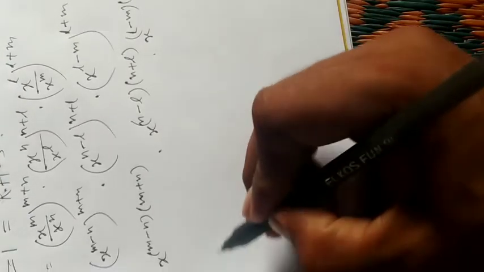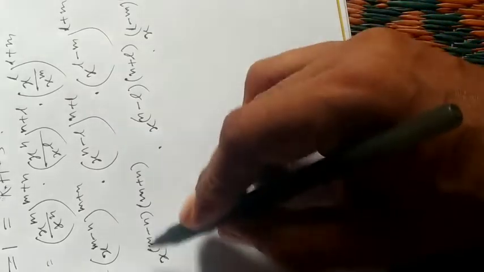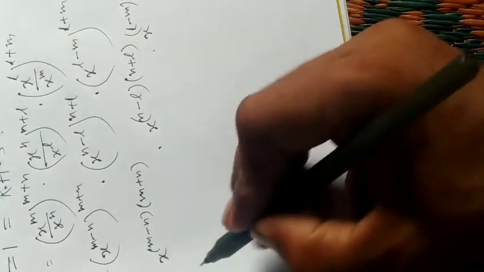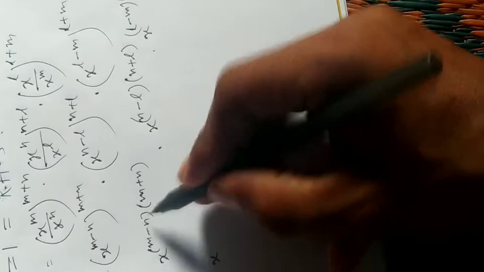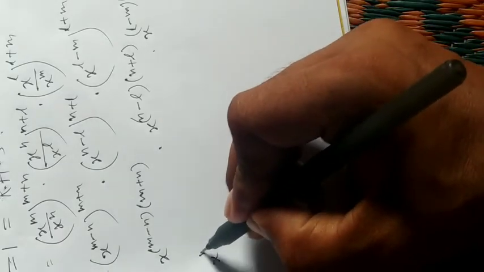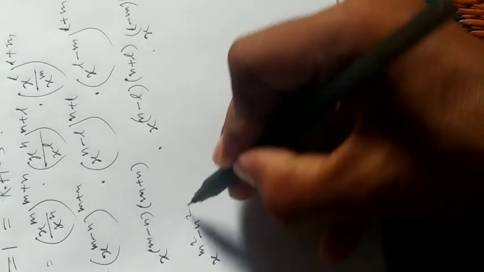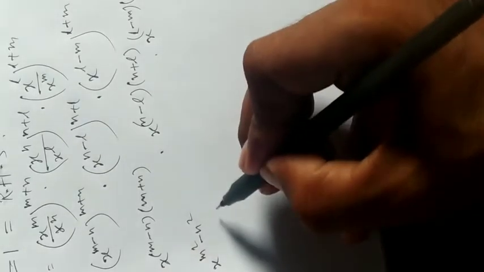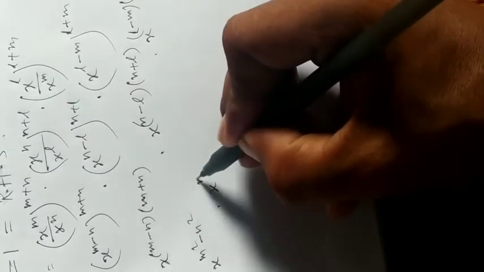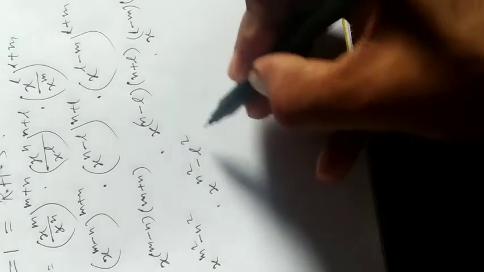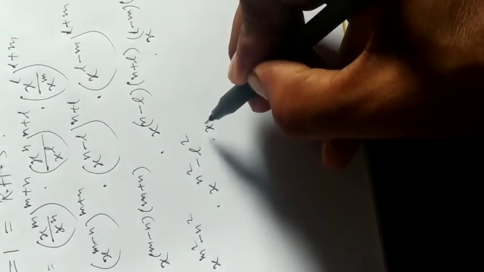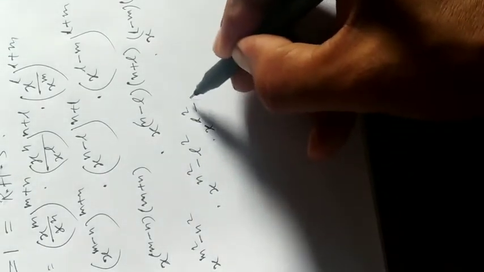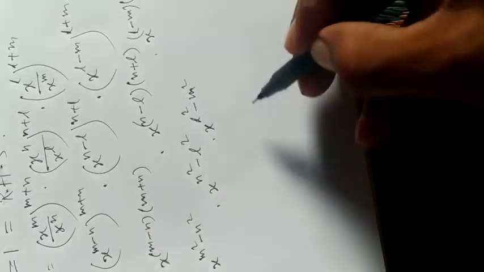Okay, so we know this is the formula of a square minus b square, that is x to the power m square minus n square, and x to the power n square minus l square, x to the power l square minus m square.